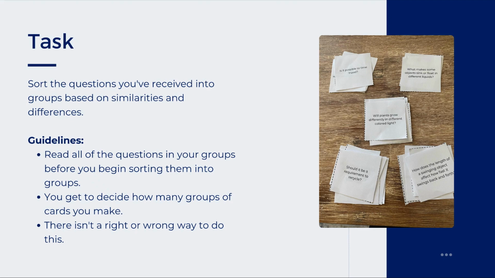There are several reasons that I like card sort activities. The first is that they're super, super easy to create. The other reason that I like this format is because it's a low floor, high ceiling activity. And what I mean by that is that all students can access the material here. All of your middle school students will be able to read through the questions and put them into groups.